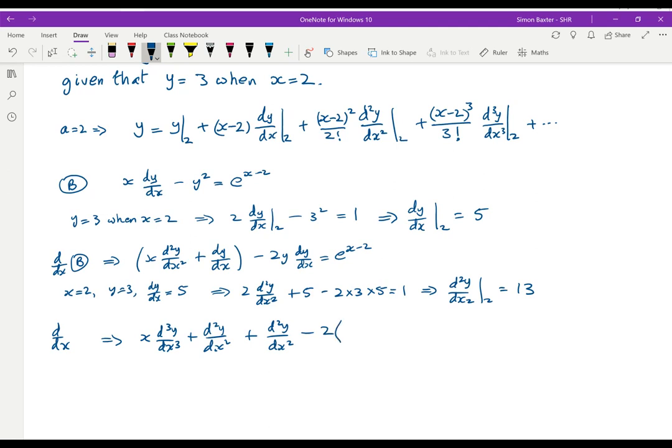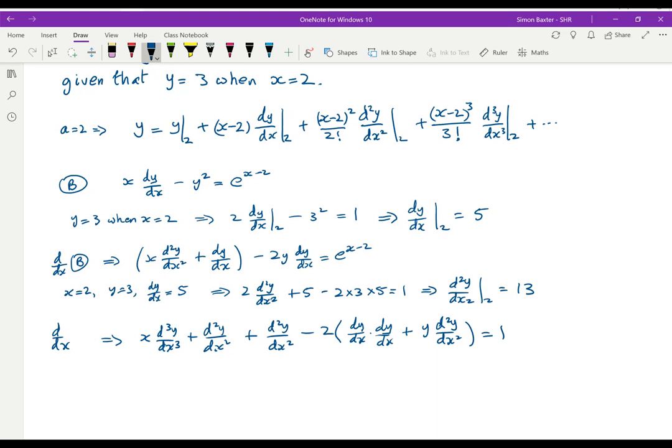Now I have to differentiate a product again, y dy by dx. Differentiating y, I get dy by dx times dy by dx plus y, differentiate dy by dx is d2y by dx squared equals e to the 2 minus 2 is e to the 0 is 1.